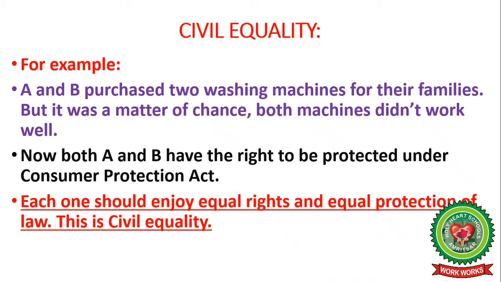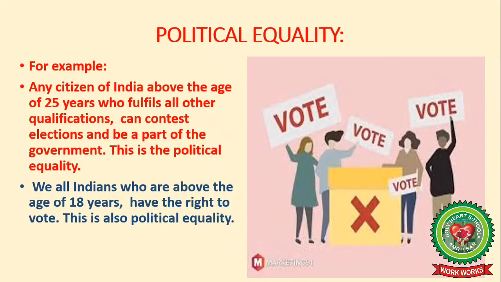Now this law is equally available for both of them. A may belong to any religion, B may belong to any religion. So this is equally available to both of them. So what is civil equality here? Each one should enjoy equal rights and equal protection of law. This is civil equality. Now next is political equality.